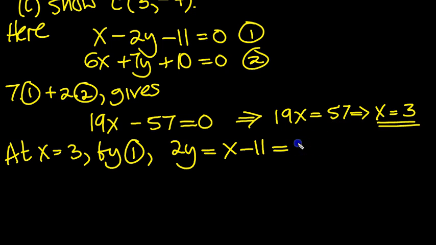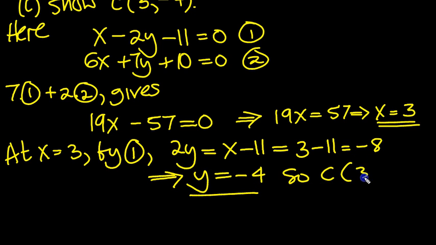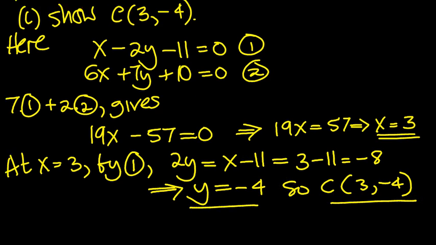So the x value is 3 - 11, which equals -8. 2y equals -8 then. So y, divide by 2 both sides, so -8 over 2 is -4. So C has coordinates (3, -4), which is what we wanted to show in part 1.